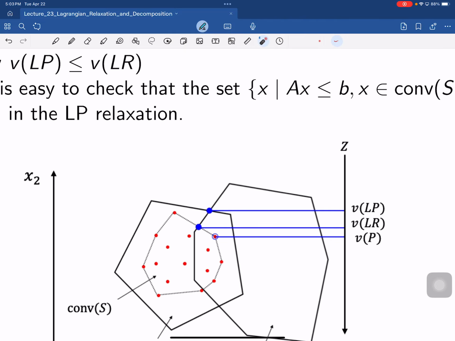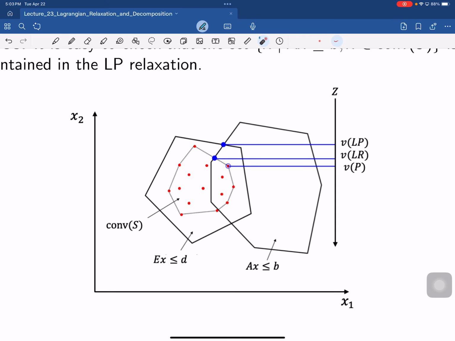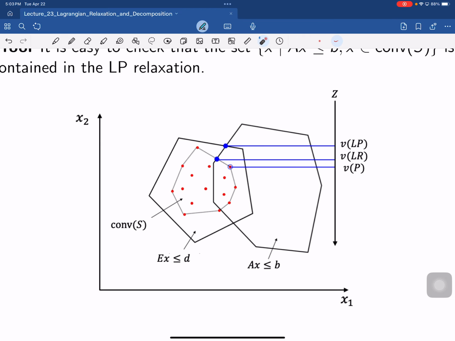So let's assume this is your complicating constraint. It's a linear constraint denoted by Ax less than or equal to b. And this is your constraint denoted by Ex less than or equal to d. And you have some integrality constraints.